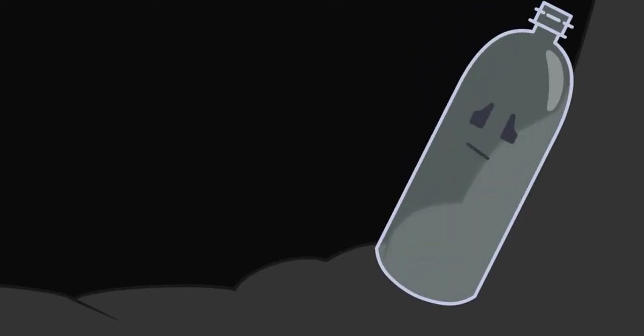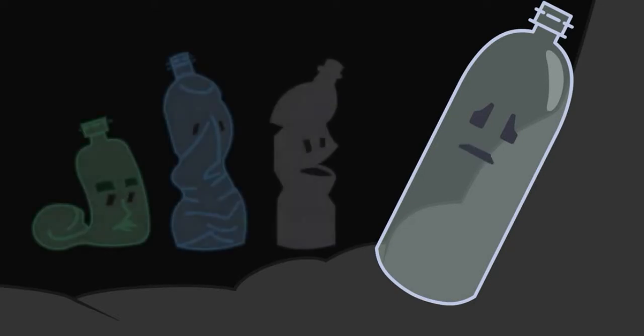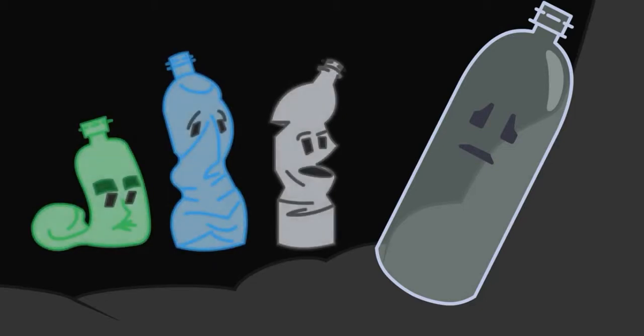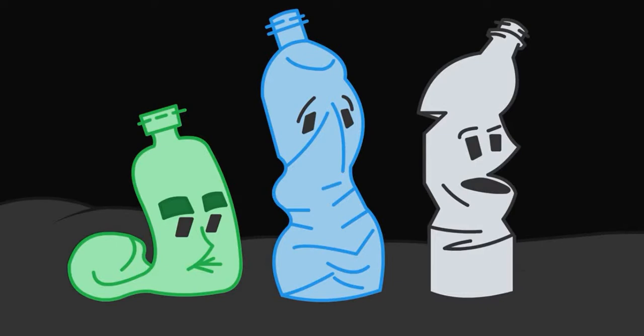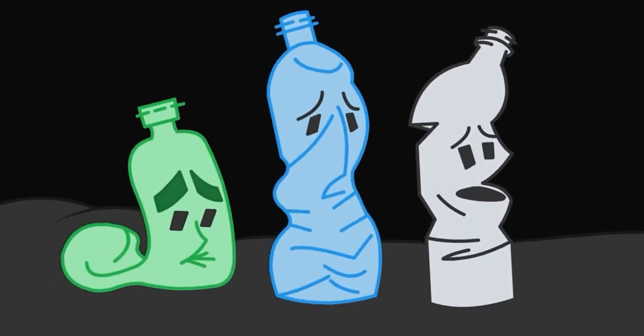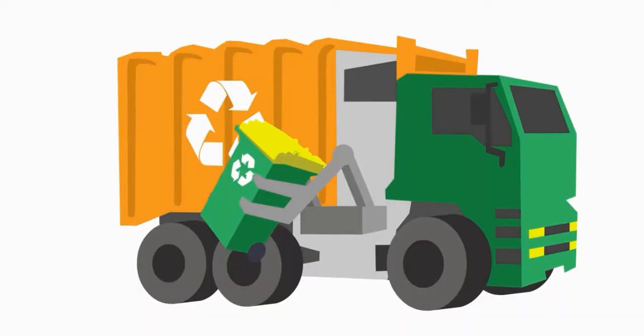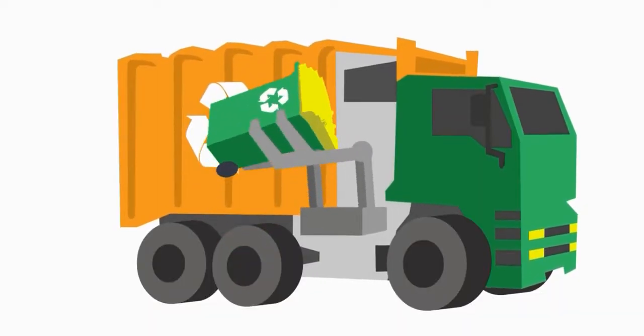"Hello?" Barry cried out. "Is anyone out there?" As he got used to the gloominess, Barry saw a small group of bottles just like him, huddling together in the corner. "You're just like us," whispered one. "A human used you, then threw you away." Just then, the sound of machinery gave the bottles a fright. The recycling bin they were in was upturned onto the back of a truck.